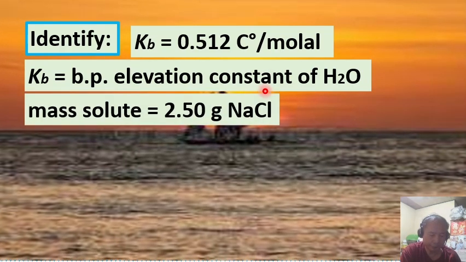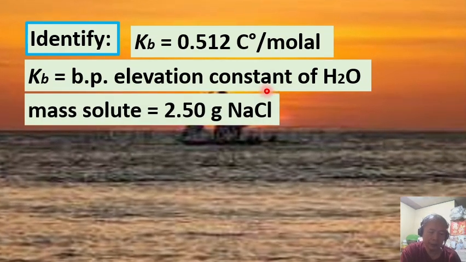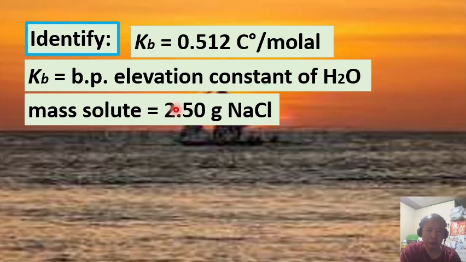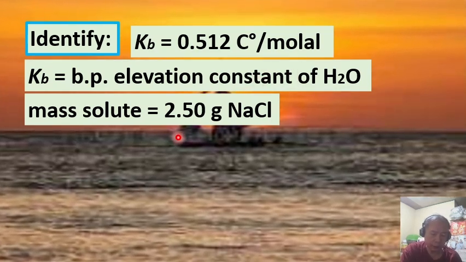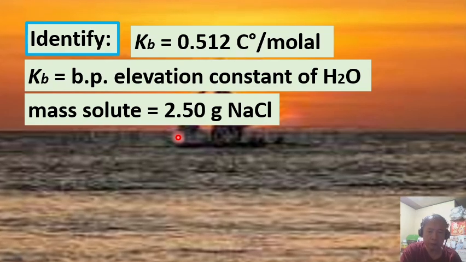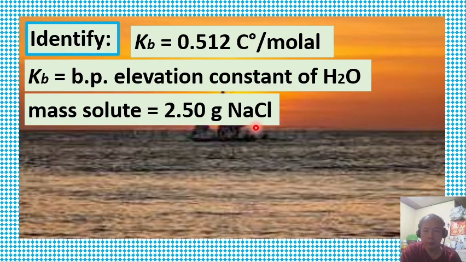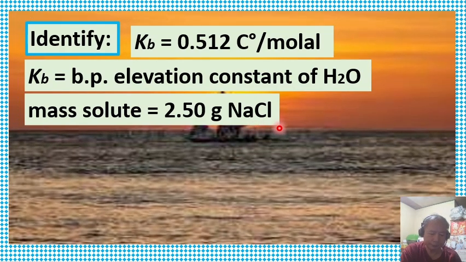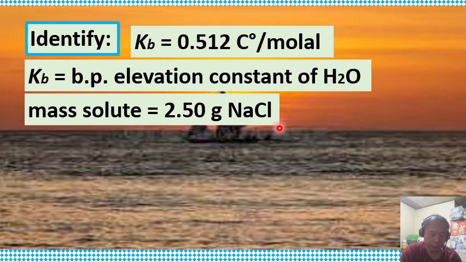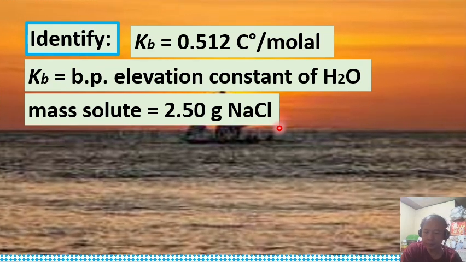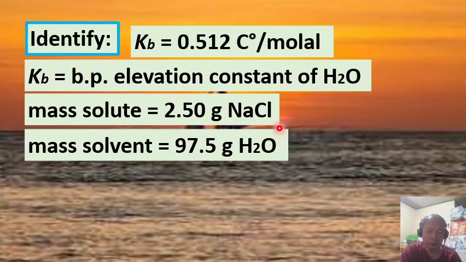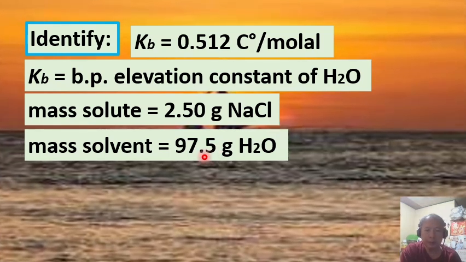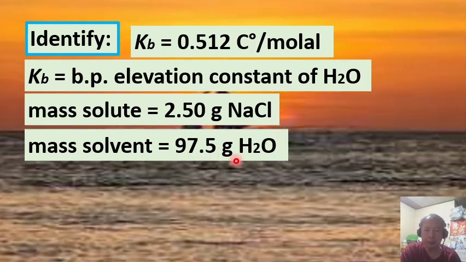Likewise, we are also given the mass of the solute, equal to 2.50 grams of sodium chloride, and the mass of the solvent equal to 97.5 grams water.